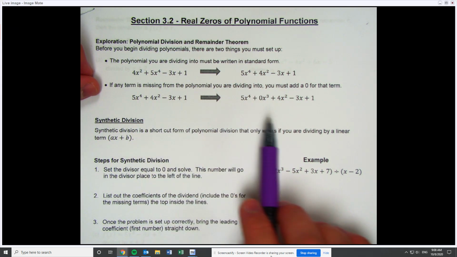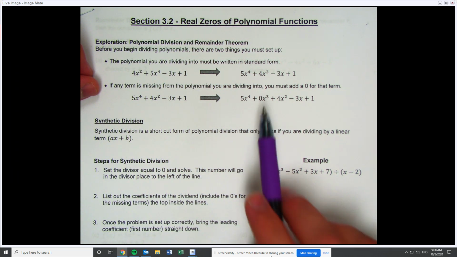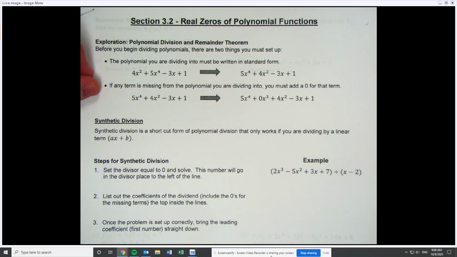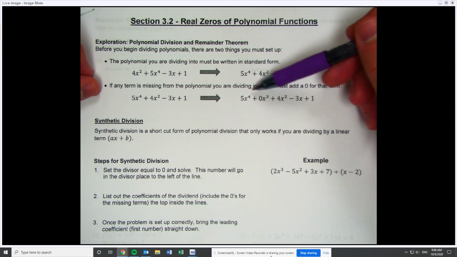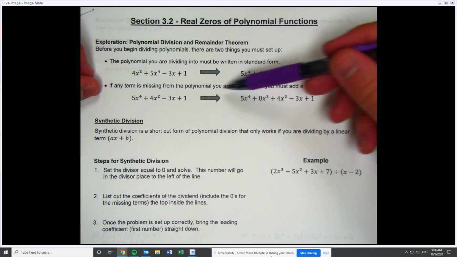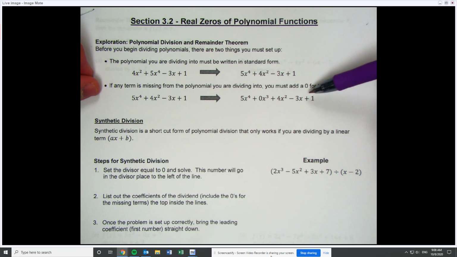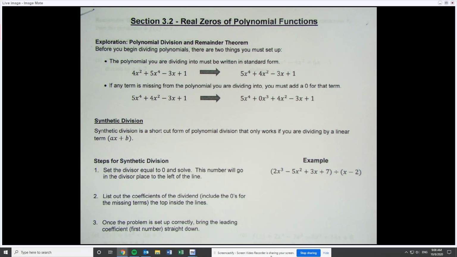All you have to do is just fill it in with a 0. Once you fill it in, it's pretty easy to make sure you have everything. Just do a little bit of a countdown: 4, 3, 2, 1, none. Always start with your biggest. You don't need to add any zeros ahead of that. Start at your biggest and count down. Everything should be there. That is super, super important. And if you miss that step, things are going to go sideways really quick.